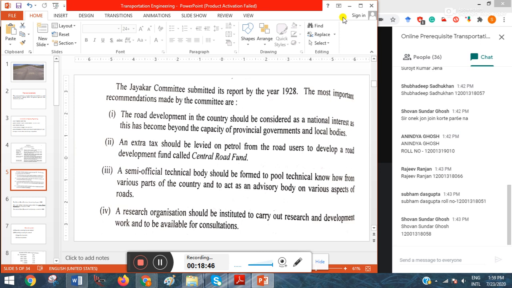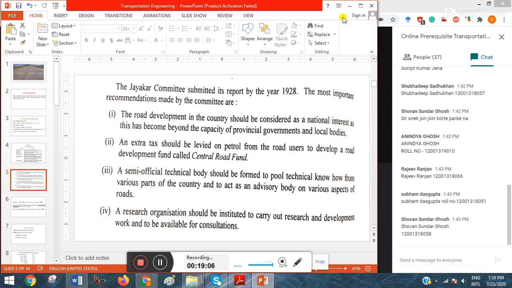A semi-technical body means there are some administrative staff and some engineers.